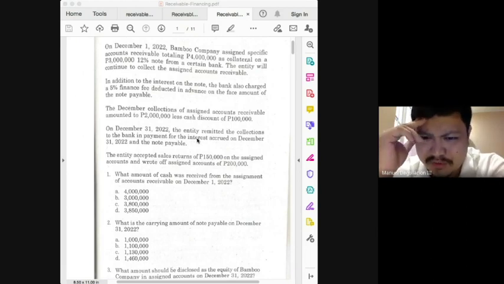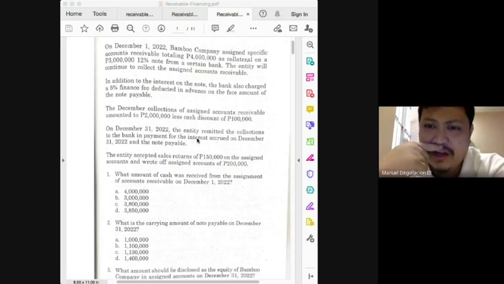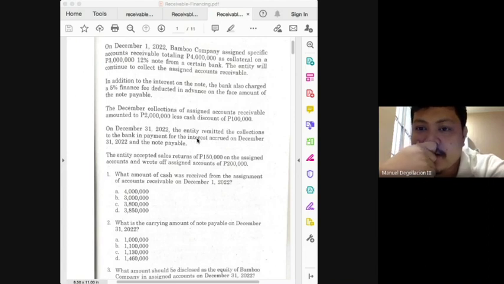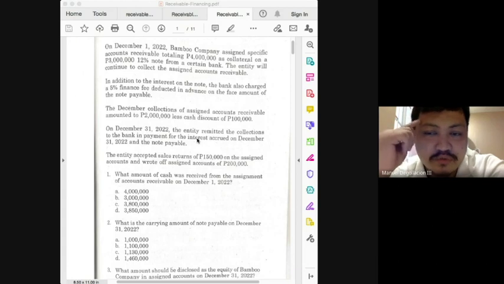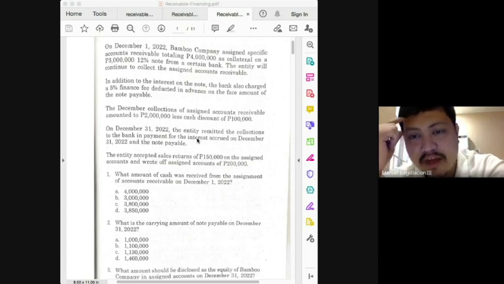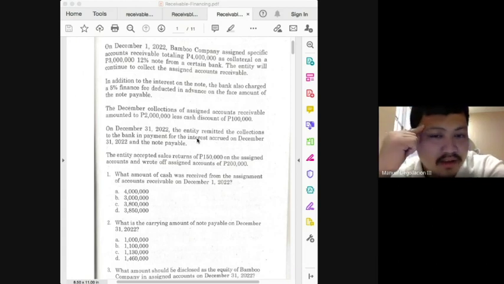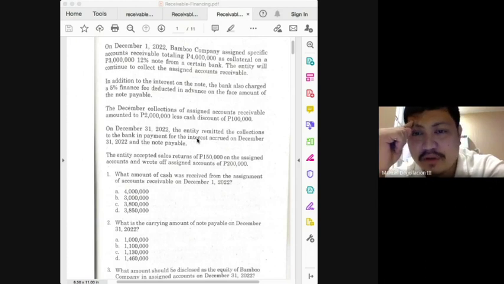So the question now is, does that mean we were able to pay the bank 2 million by this day? The answer is no, because the 2 million here represents the value of the receivables that were collected. Okay, but is that actually the amount of money that we were able to get? The answer is no. We were only able to get 1,900,000.